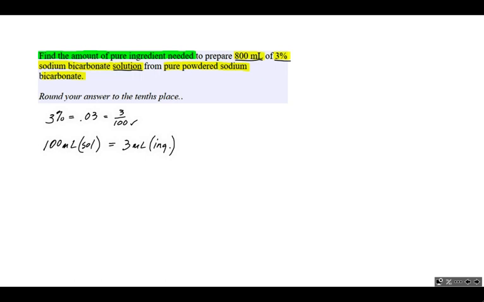The other thing that is often a good starting point is to start with what you need to prepare or to administer. In this case, we need to prepare 800 milliliters of this solution.